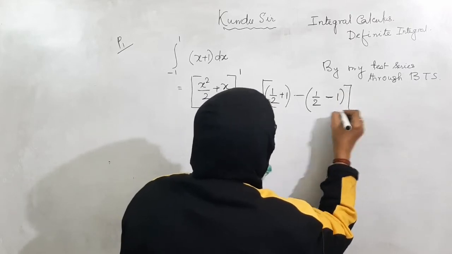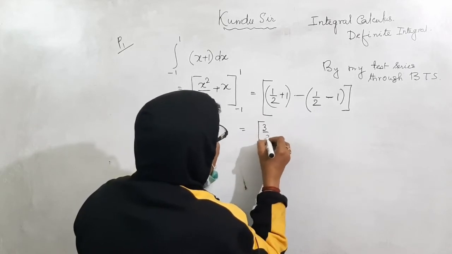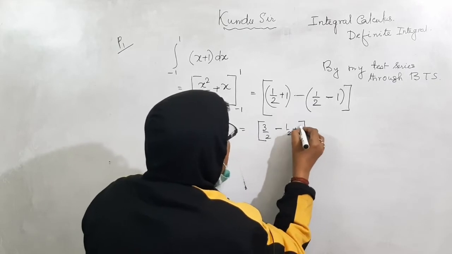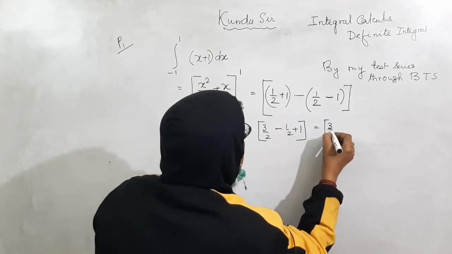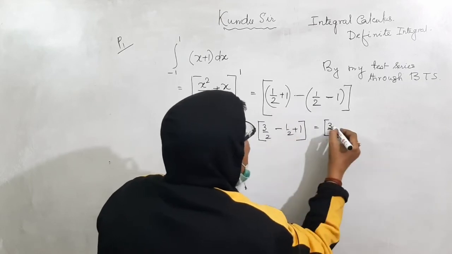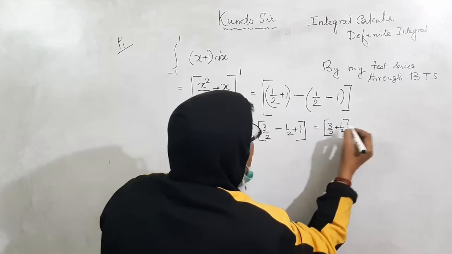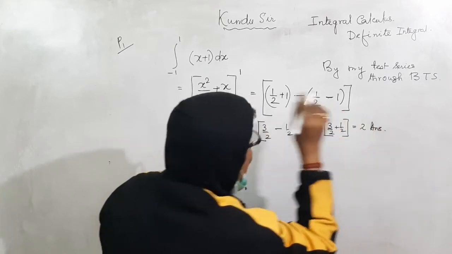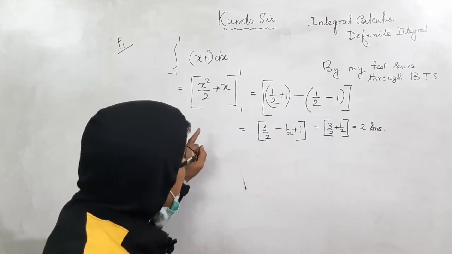Now the answer is 3 by 2 minus half plus 1, that is equal to 3 by 2 plus this and this, another half: 3 by 2 plus 1 by 2 equals 2. That is the answer for this definite integral problem.